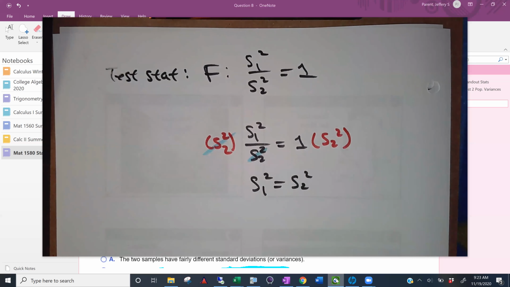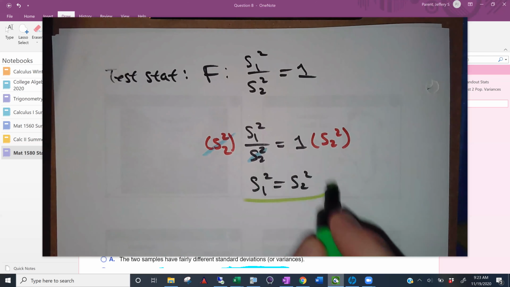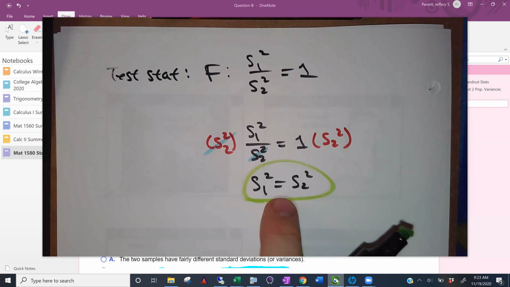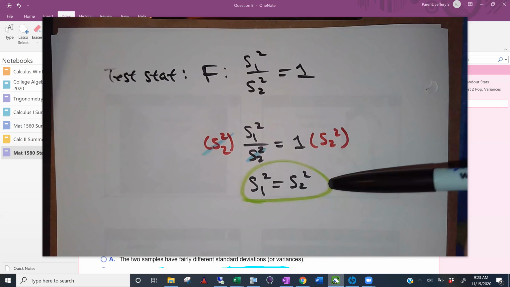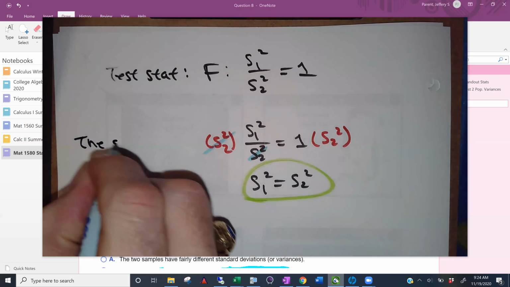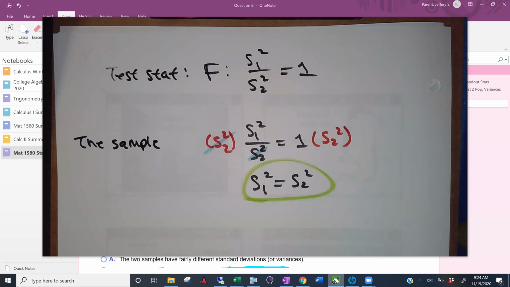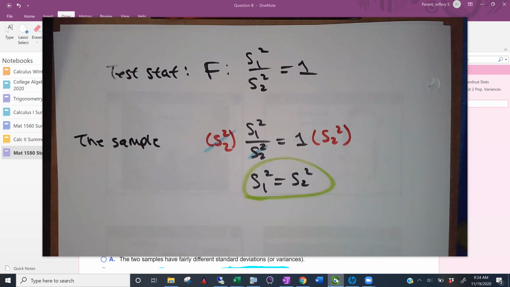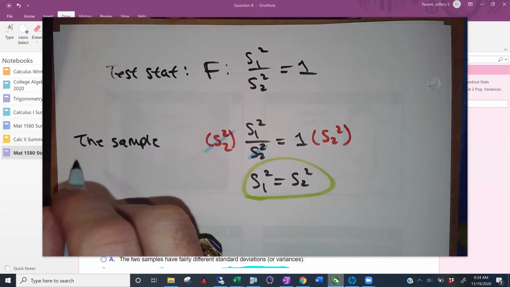And that's the conclusion that I wanted you to see: if this is true, then this is true. What's that saying in words? Can anyone tell me what that says? This right here. The two sample variances are equal? Perfect.